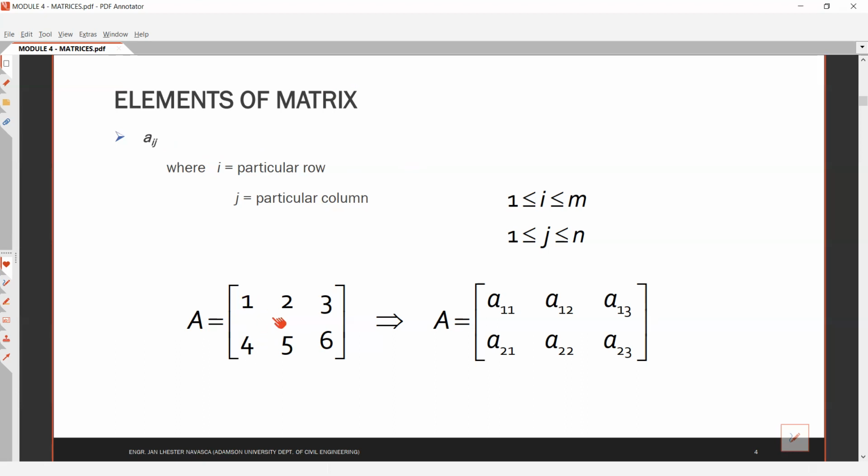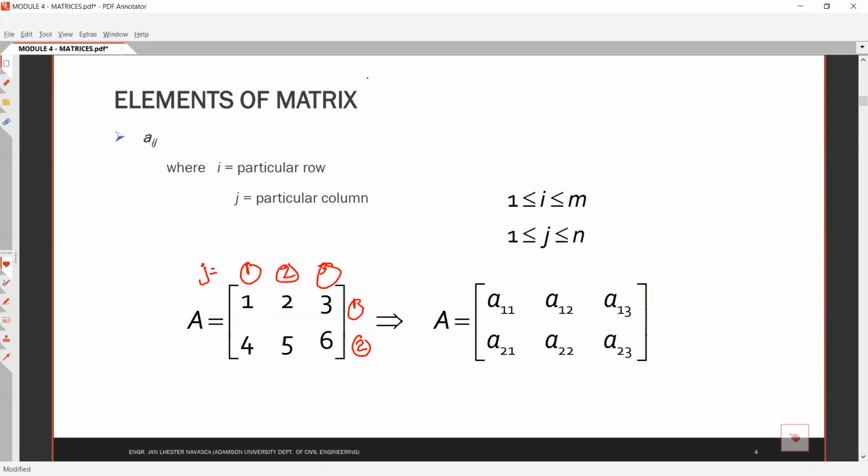Okay? So, for example, this one, meron tayong 2 by 3 matrix. For a 2 by 3 matrix, we call these A11, A21, A12, A22, A13, A23. Ganito lang yan, class. Nandito yung first column, second column, and third column. This one is the first row and the second row.